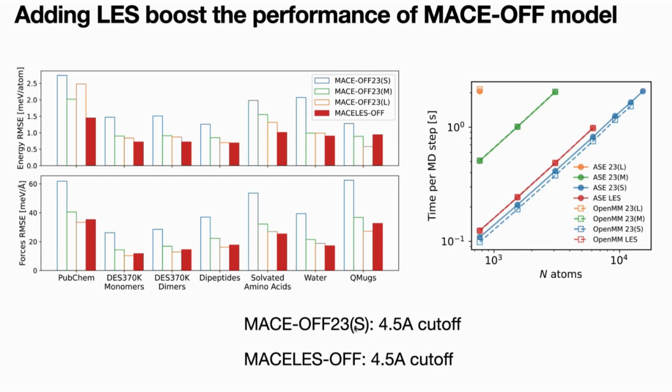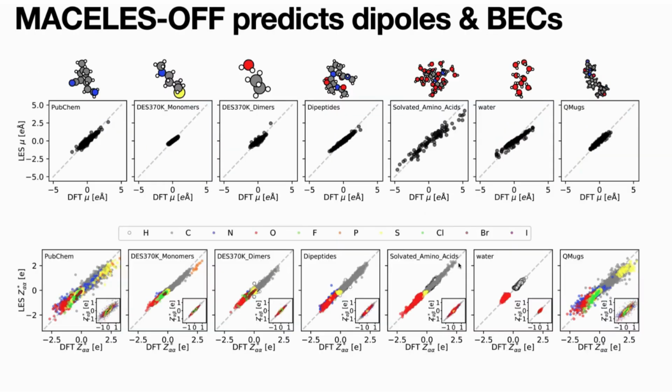We use the same 4.5 angstrom cutoff, but you can see that we are hitting an accuracy that is very similar to the MACE-OFF large model. And we also have a speed that is very similar to MACE-OFF 23 small.